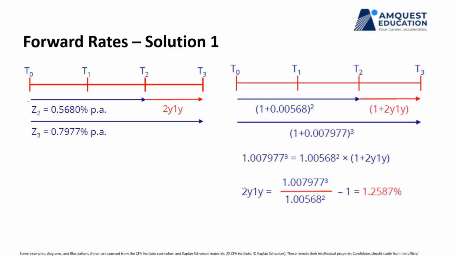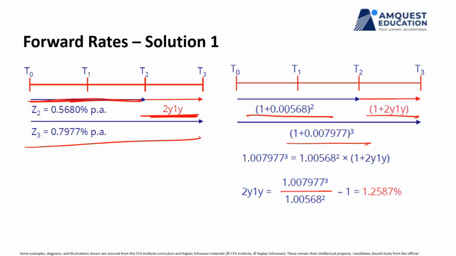You take a Z2 for 2 years, then take 2 year later 1 year loan. That is option 1. Or you take a Z3 total. If you take a Z2, this is the number, multiplied by this Z3, this is the number. So we write the same equation, divide it, minus 1, and you will get your 2y1y as 1.2587%.